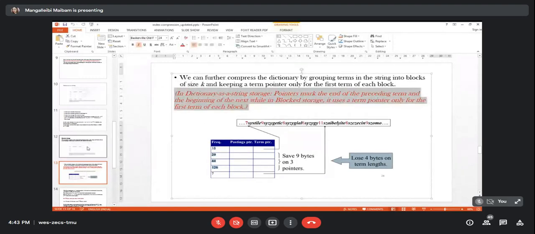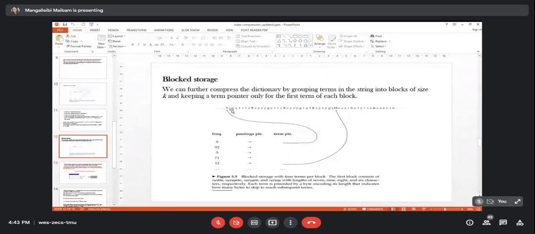This is what I have explained here. This block contains 4 terms. What are the terms? Systyle, syzygetic, syzygial, and syzygy. So these 4 are contained in one block.